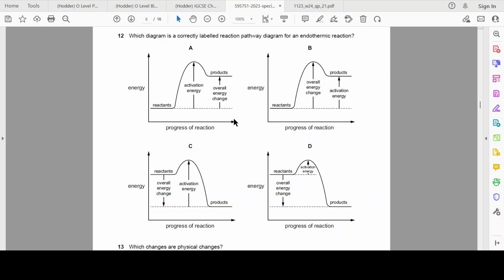Now, just since we are here, if they were asking you about an exothermic reaction, then what you'd have is something like D. The reactants are at a higher level than the products. Energy is lost.